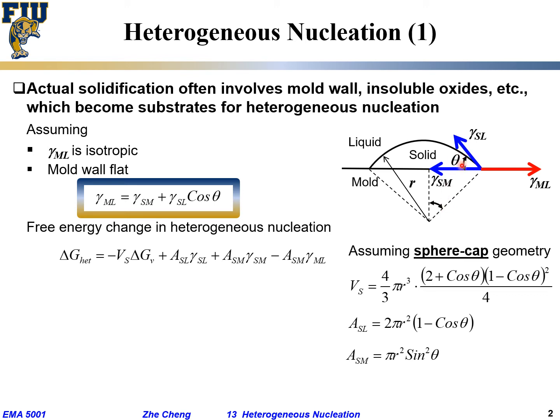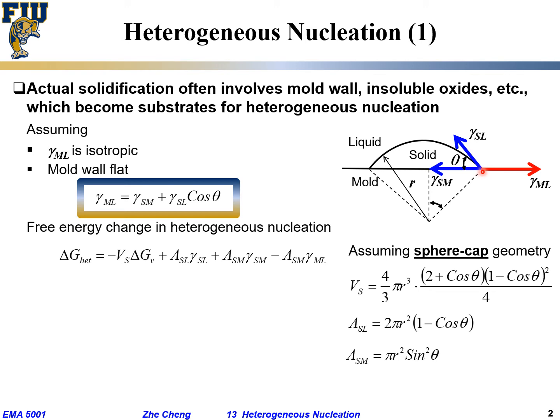And if this is our angle theta between the nucleus and the mold, do you see this is also theta? Because this angle and this angle add up to 90, and this guy and this guy also add up to 90. So this is theta, this guy must be theta. If this is our radius, do you see from here to here is r times sine theta?